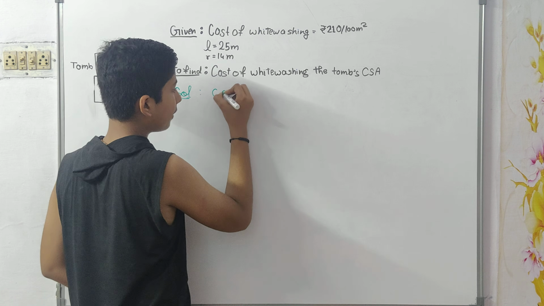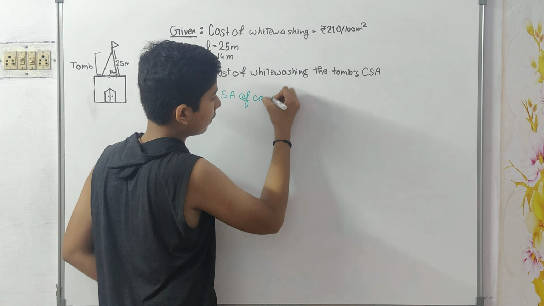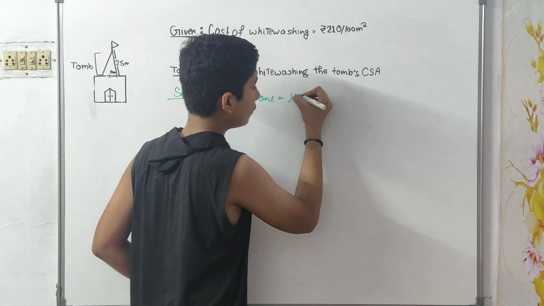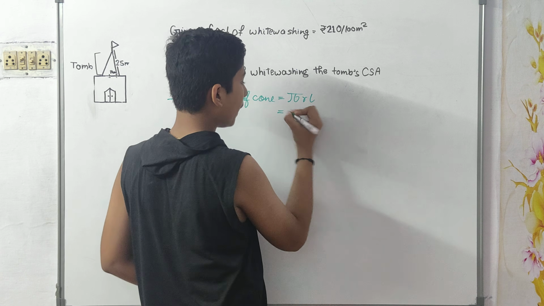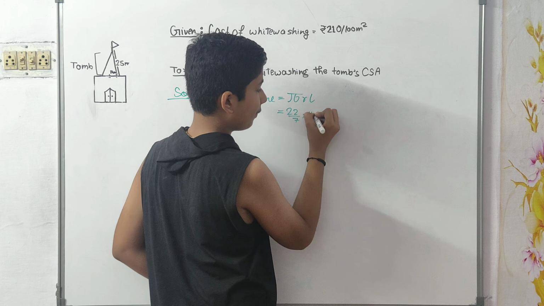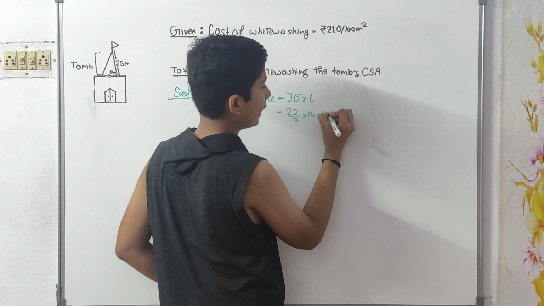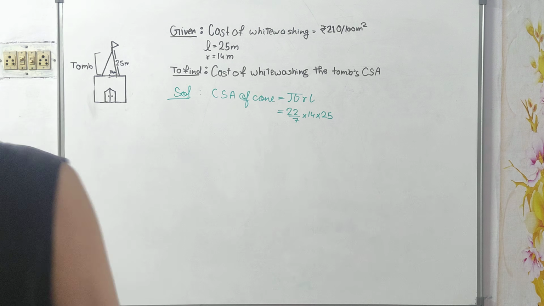We know that CSA of cone equals pi r l. So pi is 22/7 into radius 14 into 25. Am I right or wrong? Let me check.